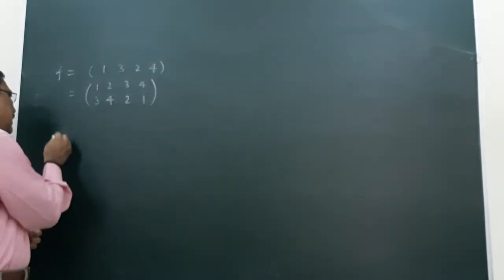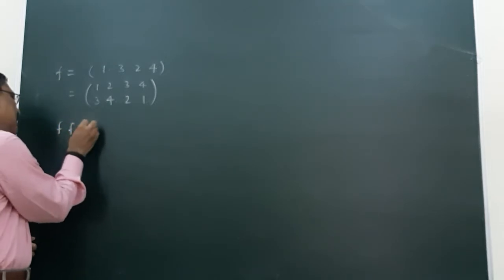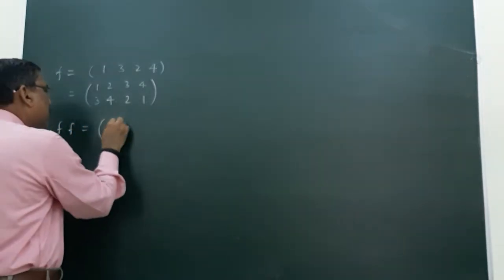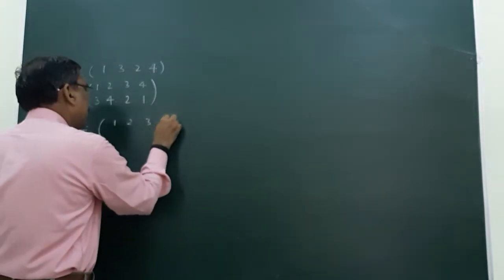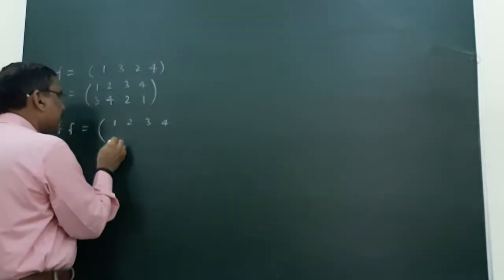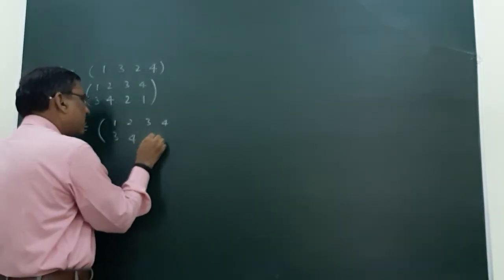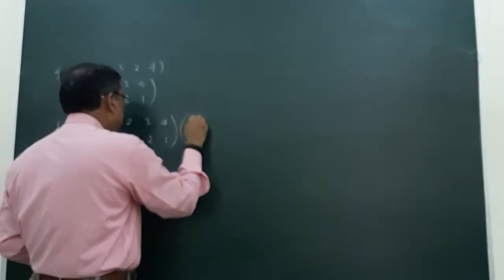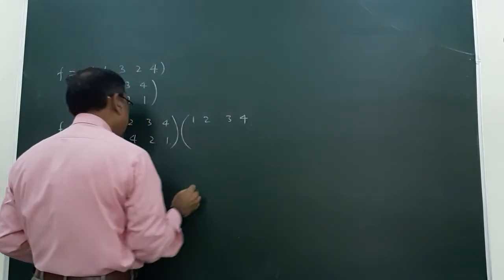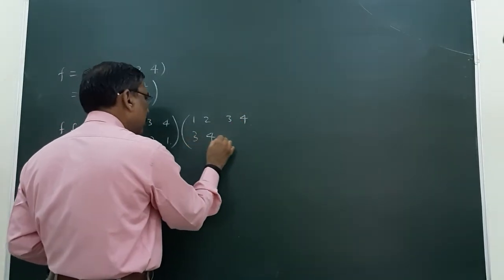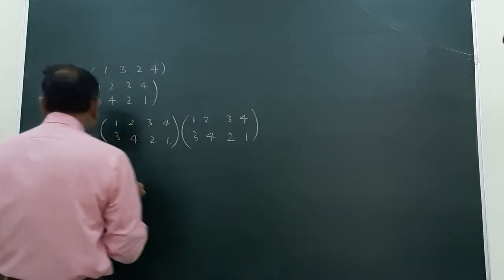How can we find f operation f? It means we have to operate this f with f. We will get 3, 4, 2, 1 over 1, 2, 3, 4, and 3, 4, 2, 1.